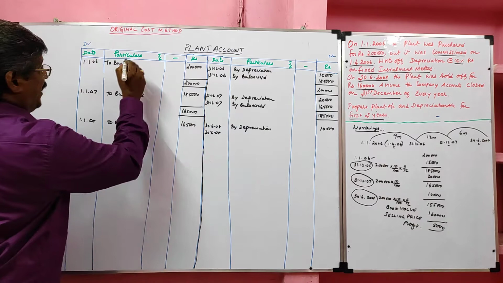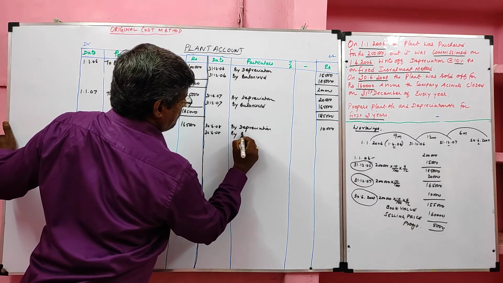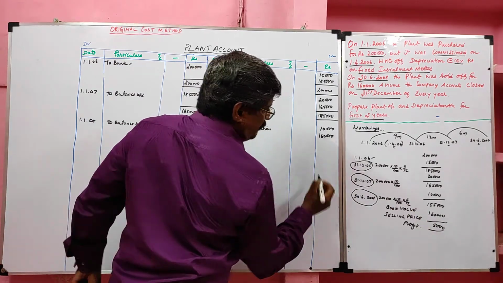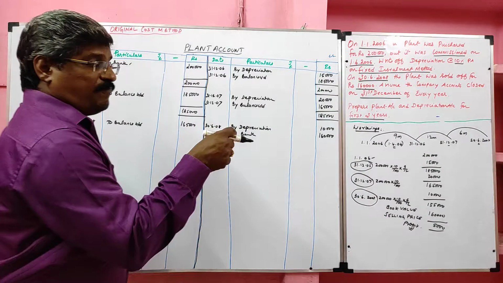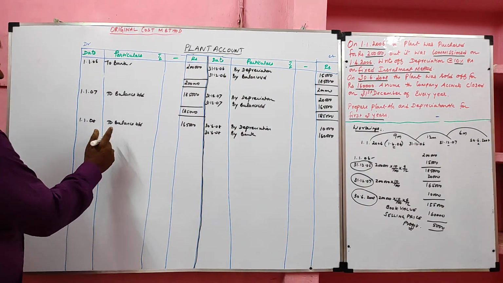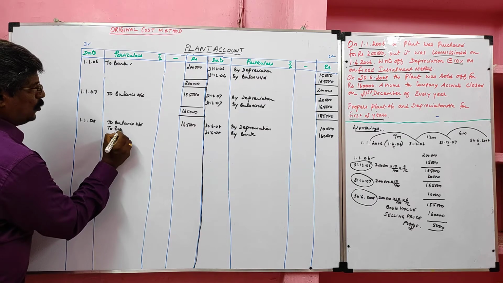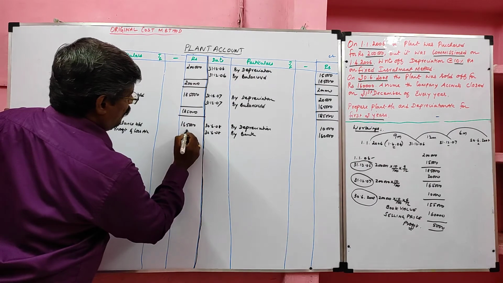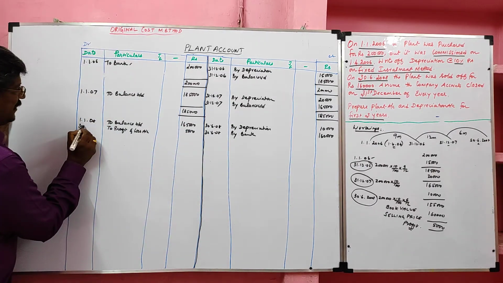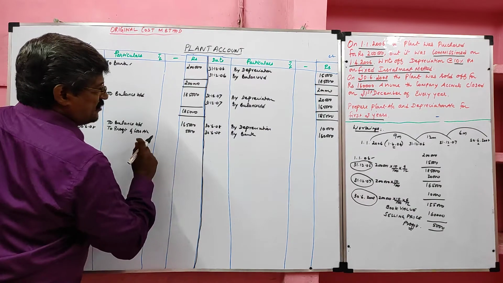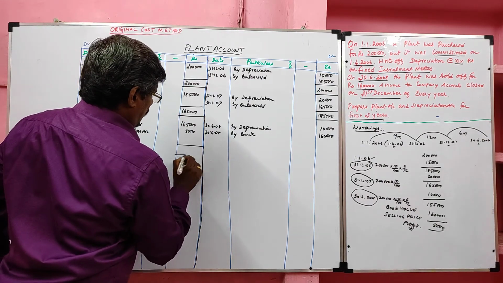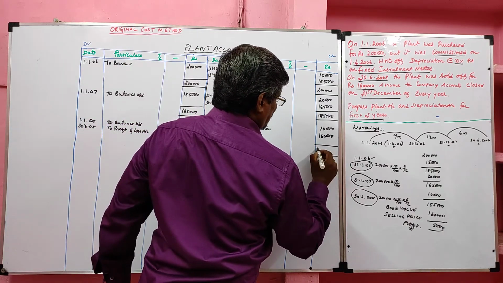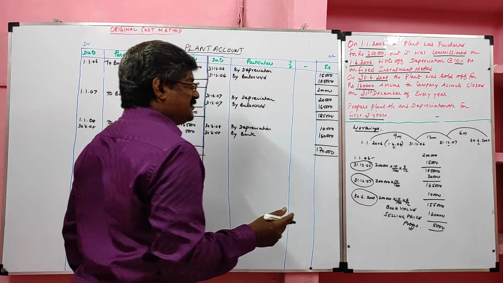By bank on sale, they sold for 1,60,000. Here they earned profit. If profit is earned, it should be debited. So to profit and loss account, value 5,000, on the sale date. If it is loss, it should be credited. Debit side total 1,70,000. Credit side total also 1,70,000. It should agree because the plant was fully sold off.